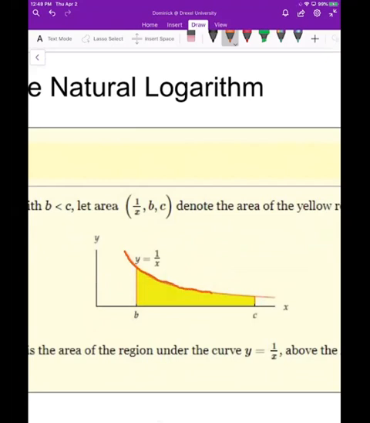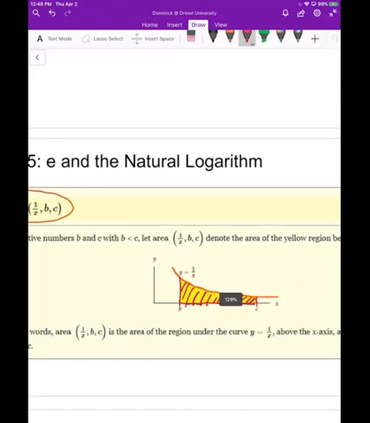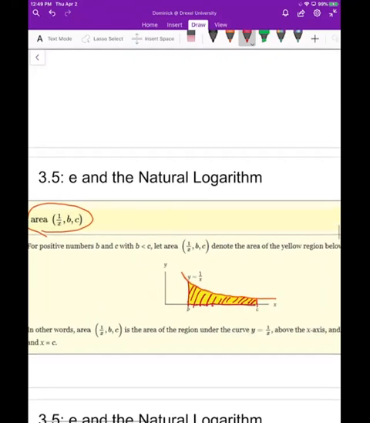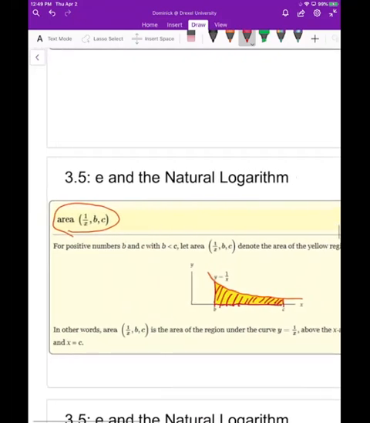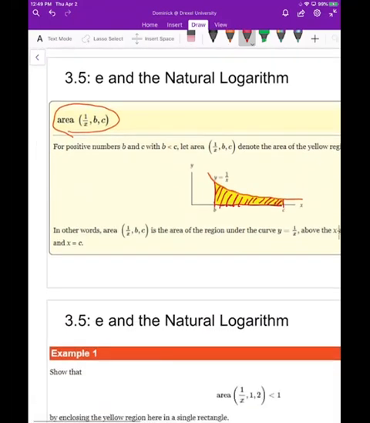This is the curve of 1 over x, and that's going to give us the area between the x values b and c, between that curve 1 over x and the x-axis. So this is going to basically be used to talk about this area here. Okay, so that's what we're going to talk about next here.